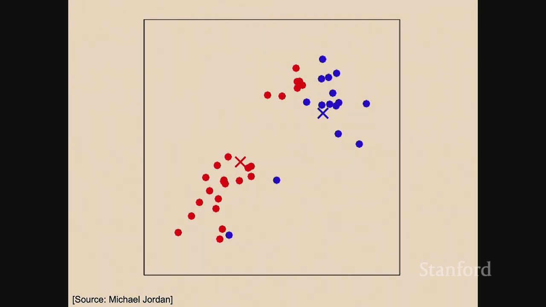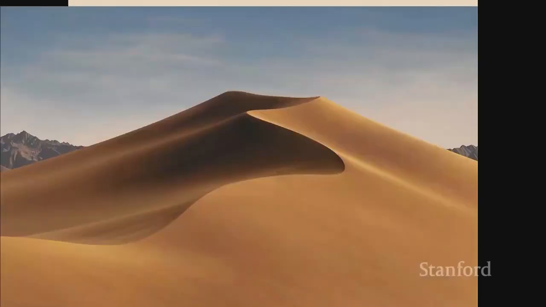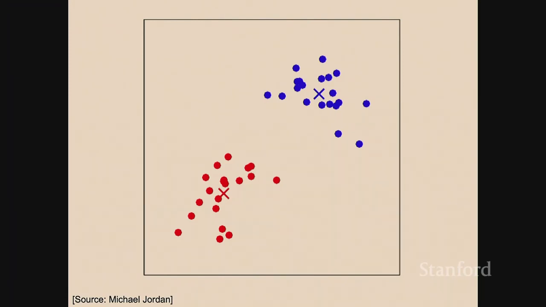So I'm going to recolor every point based on what's closer. So that's the new set of colors. And then the second part of the algorithm was, again, look at the blue dots, find the mean, look at the red dots, find the mean, and then move the cluster centroids over to that mean.